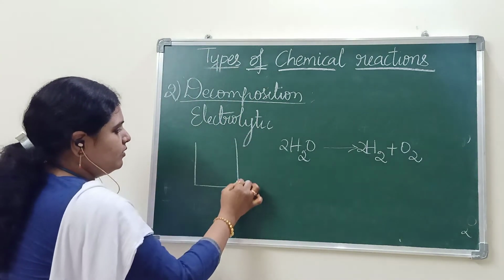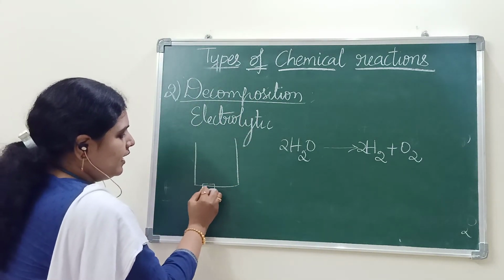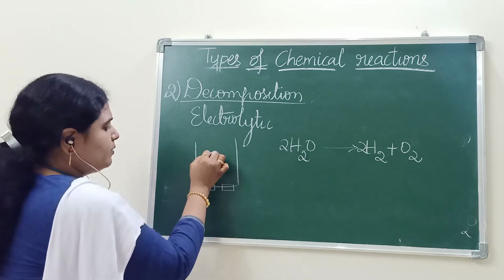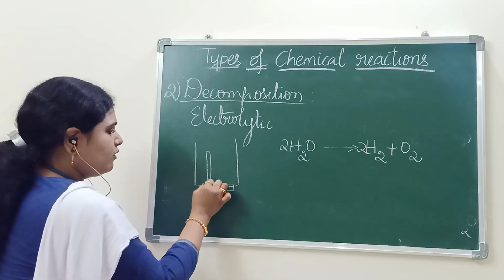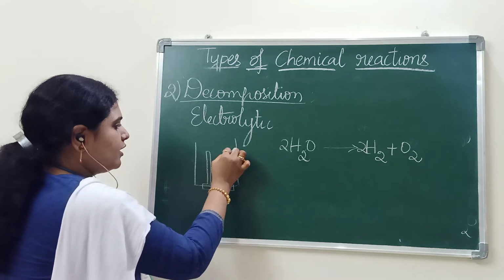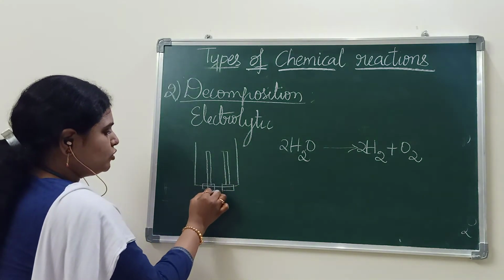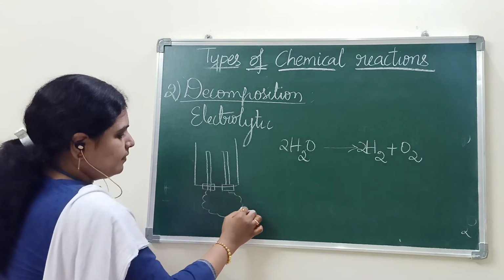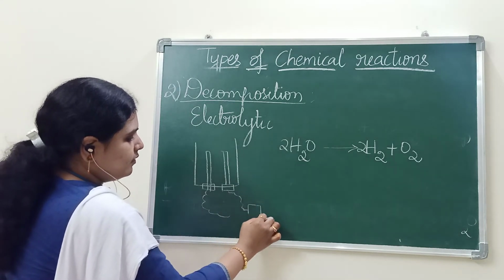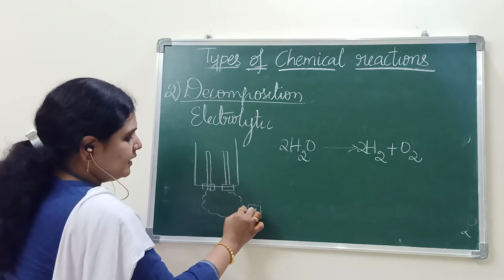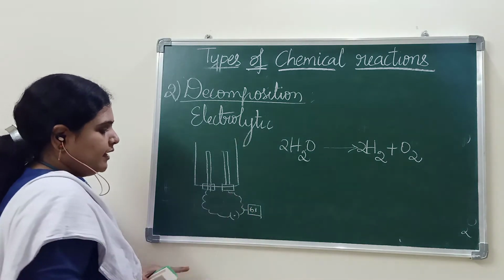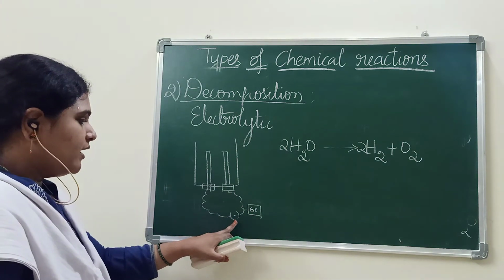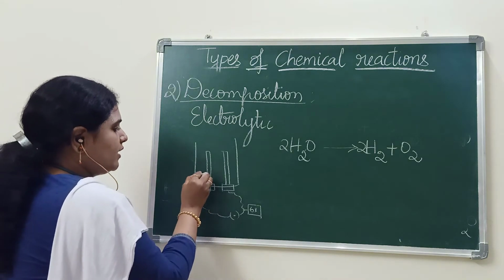In this setup, the electrolytic cell, we have to fix two rubber stoppers and insert the electrodes, and these electrodes should be connected to a respective 6-volt battery. We have to connect it, and a switch is also there.